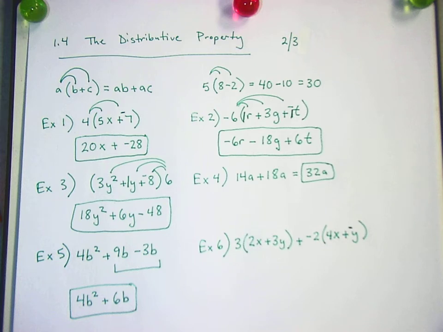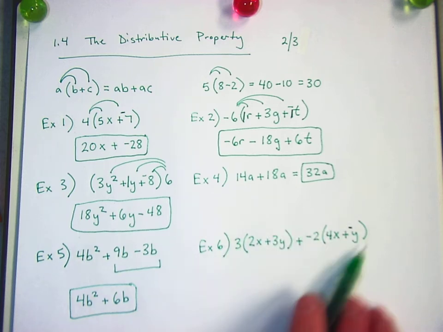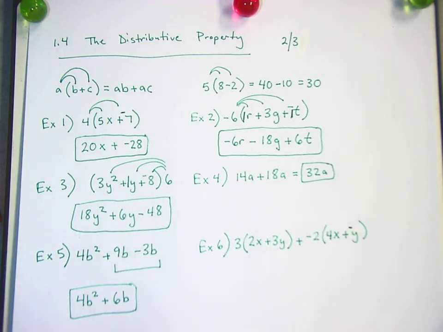So, go ahead and try this one out. Remember to distribute. Remember to combine like terms at the end. Combine x's with x's and y's with y's. Pause the video. Try it yourself. Don't just copy me.